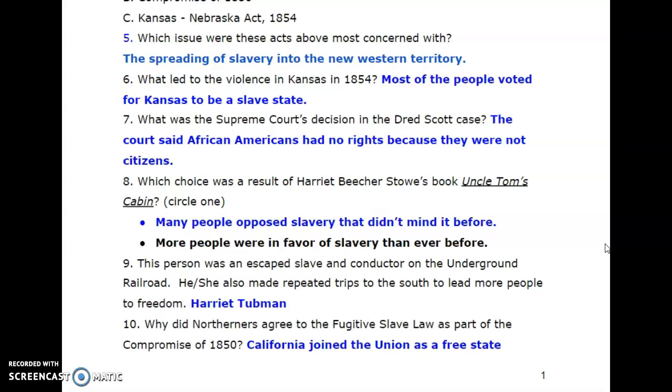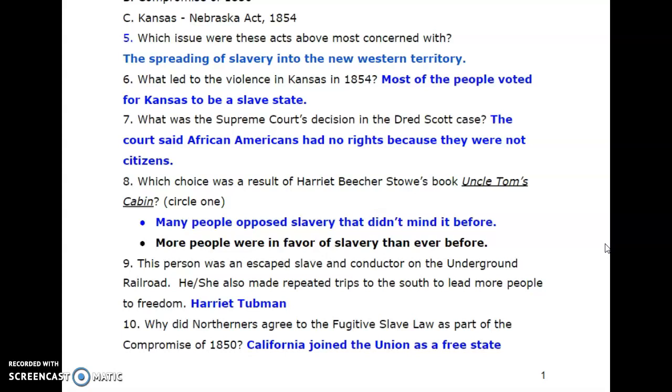And so this book was written really to wake Northerners up and make them aware of the horrors of slavery and that it was something that needed to end. That book was written for those people that kind of turned a blind eye to the evil that was going on in the South.